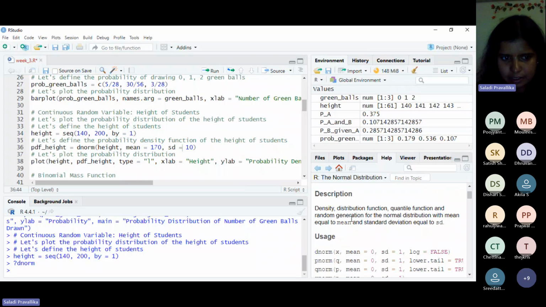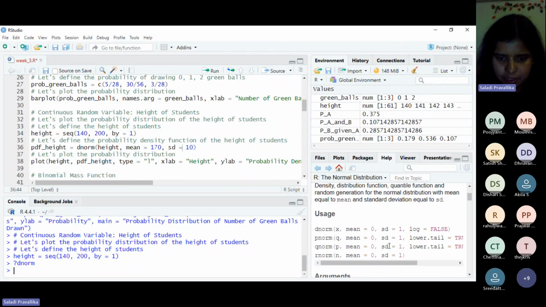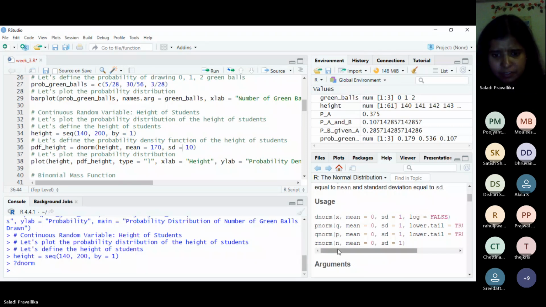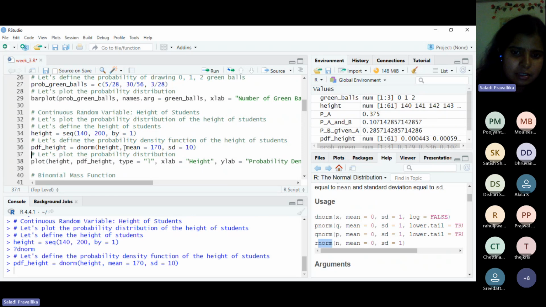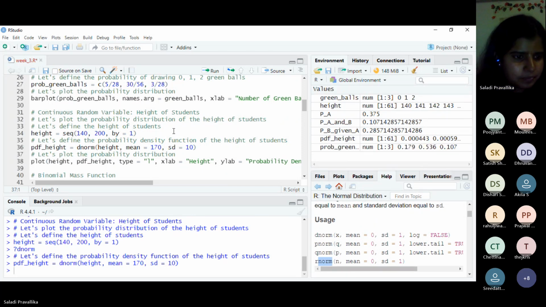As I was saying, we are using the normal distribution function. There are other types as well: dnorm, pnorm, qnorm and rnorm. You can try each of them yourself and figure out the differences. It's easy. So I'm just using dnorm here, and I got the density of those heights from the distribution.